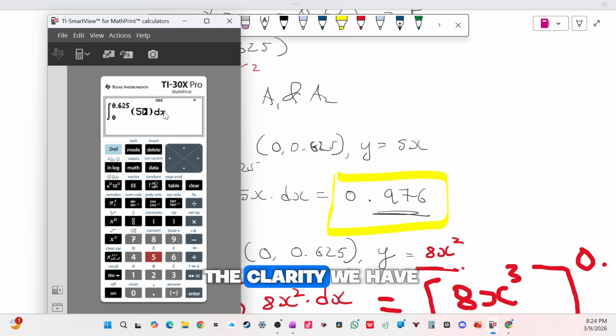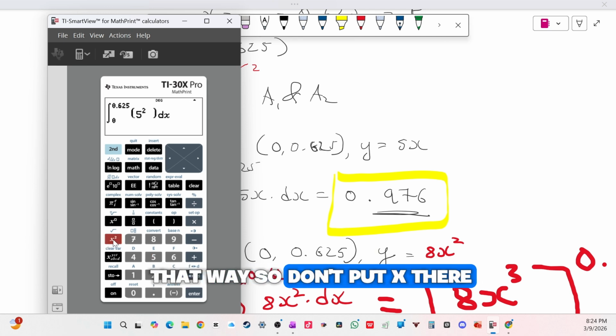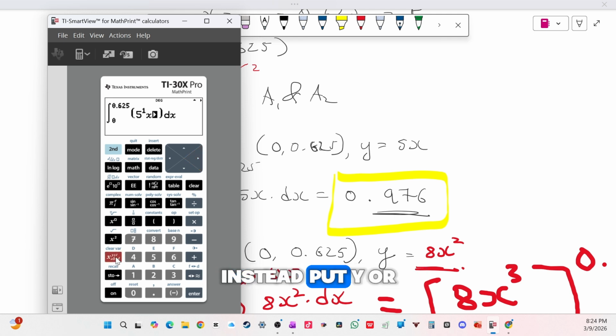For the sake of clarity, we have to exchange x and y in the equation here. As I was telling you, don't look at it stringently, this is a variable I'm going to use. That doesn't work that way, so don't put x there. Instead put y. Or if you're not comfortable with putting y, put p, t, whatever you want. Here x is equal to your y, t is equal to your actual x. Have that clarity. Now once you do this, click enter.